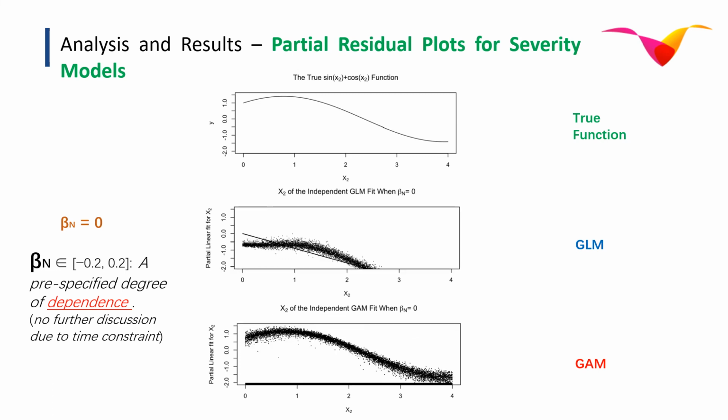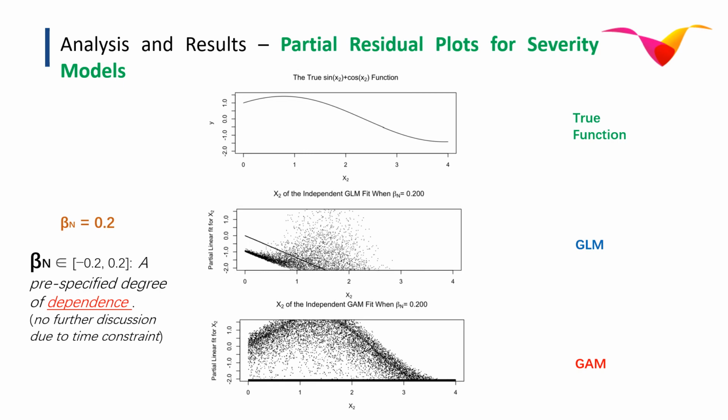The GAM fitting seems to make a good transformation of the predictor x2, as the fitted curve correctly captures the trend of x2, and the partial residuals are evenly distributed around the fitting. While the GLM fitting of x2 appears to be inadequate, since the pattern is not well described by the fitted lines.